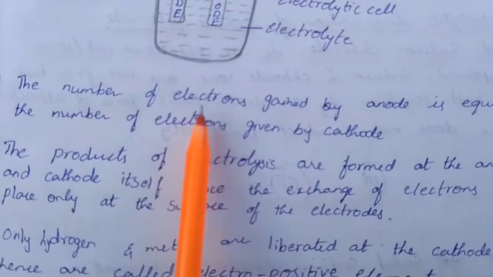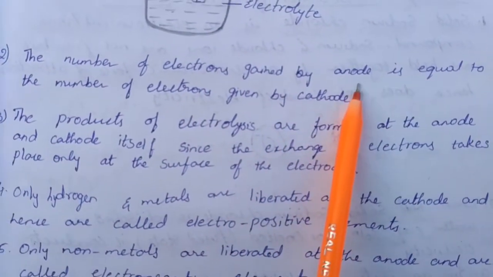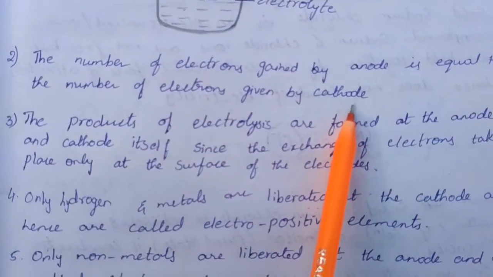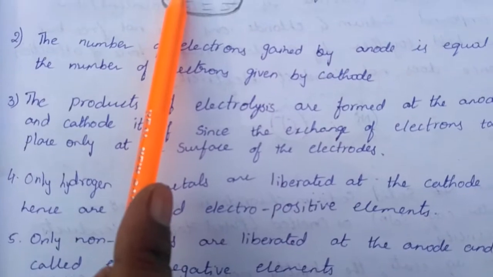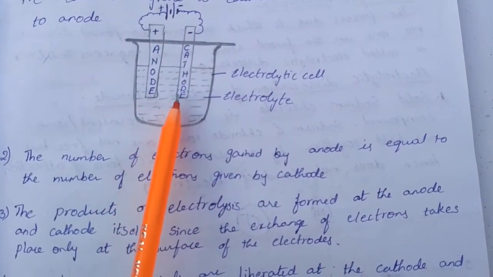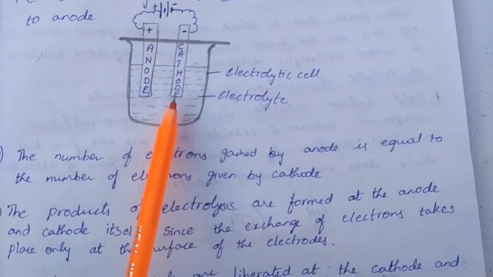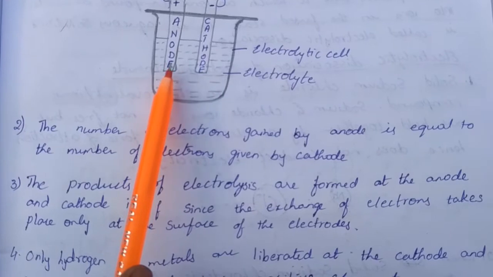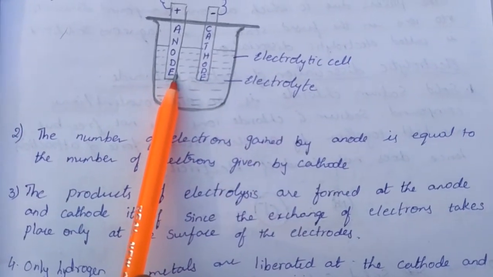The number of electrons gained by the anode is equal to the number of electrons given by the cathode. The cathode will be giving the electrons and the anode will be gaining those electrons.